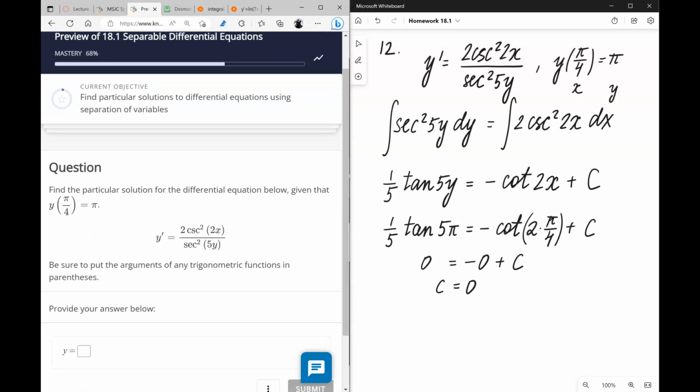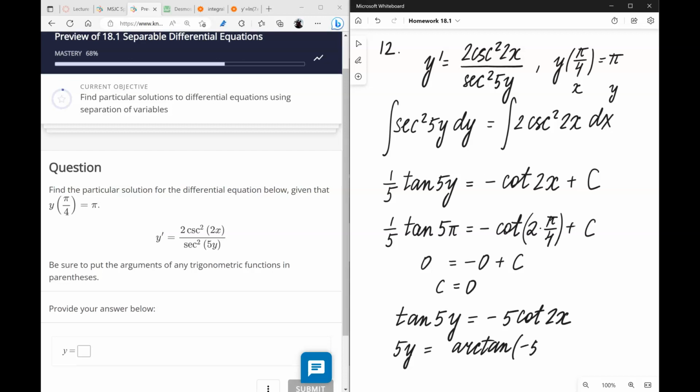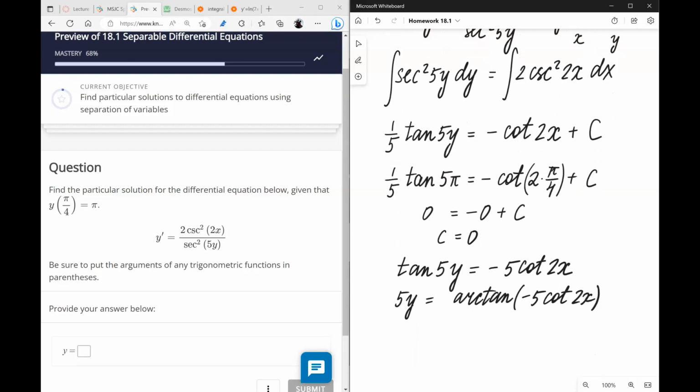So that means the equation that we have now, we need to isolate y, so we're going to multiply everything by 5. And we're going to take arctan, and the last step, we're going to divide everything by 5.